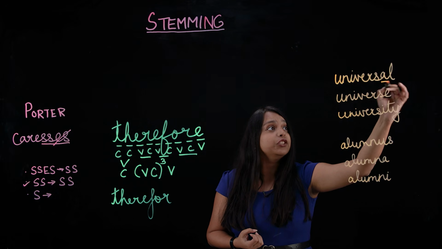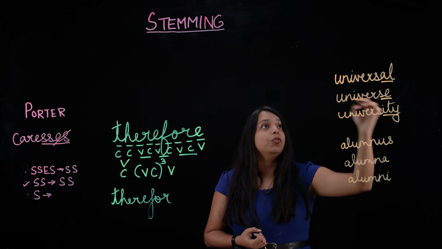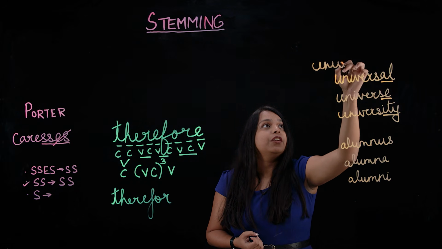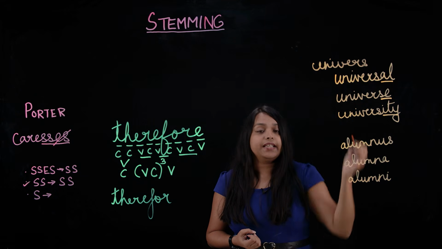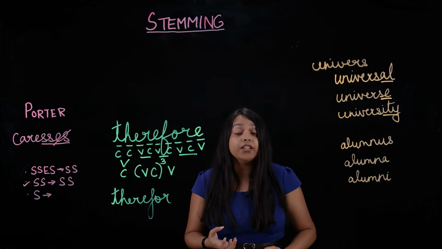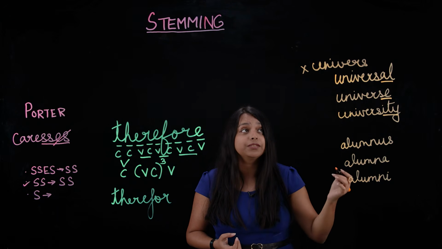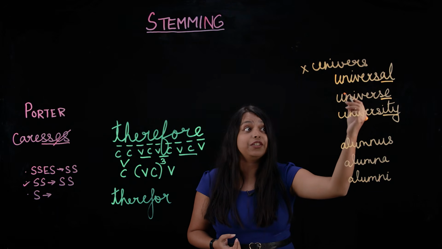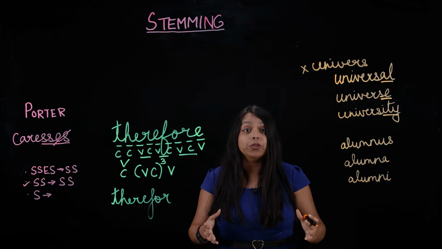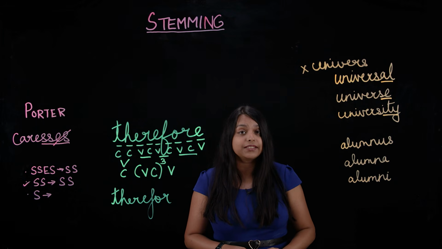The stem for each of those would be universe without the E. And based on our knowledge of the English language, we know that this is incorrect because universal, universe, and university are three words that mean totally different things.